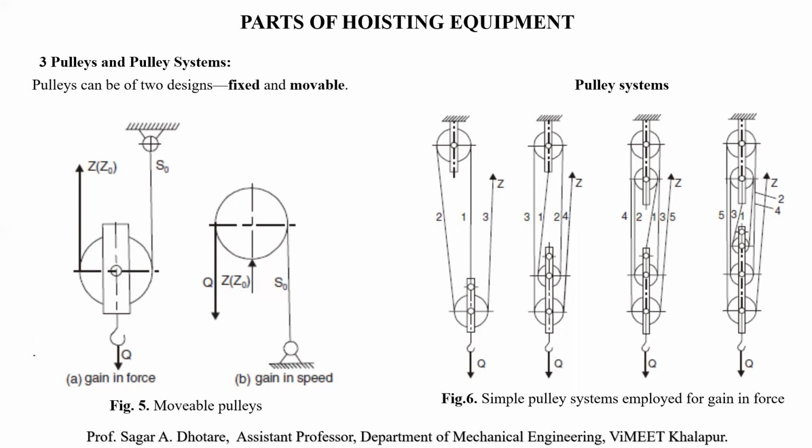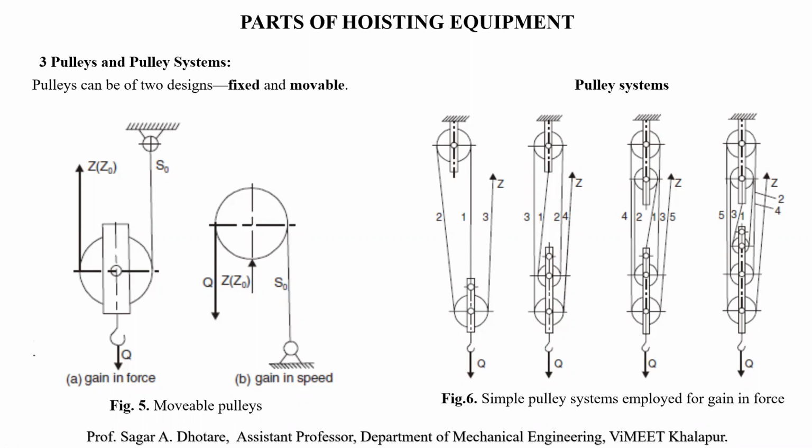So simply we can say a fixed pulley having fixed axles is also called a guide pulley, as it helps to change the direction of the flexible element, that is, the wire rope.